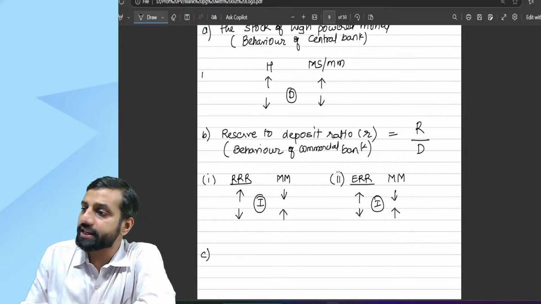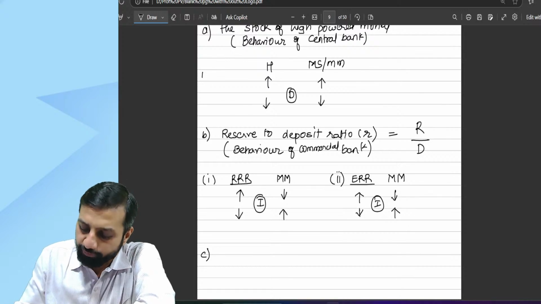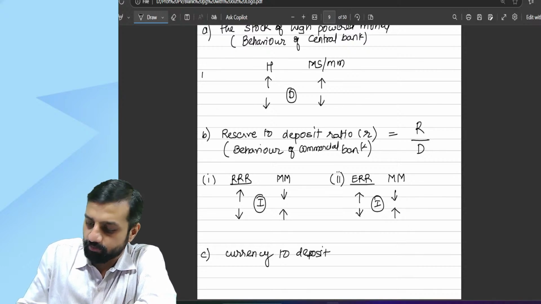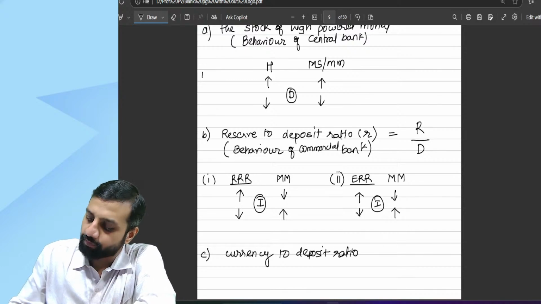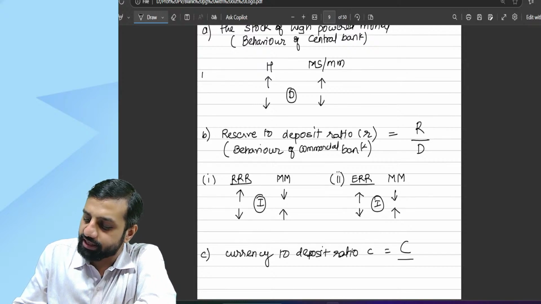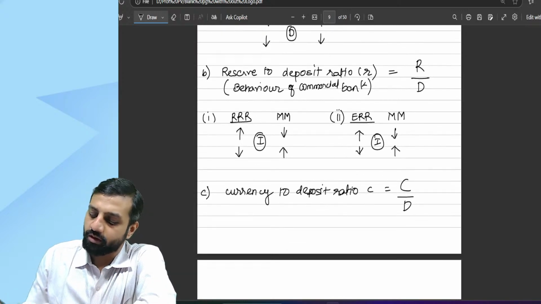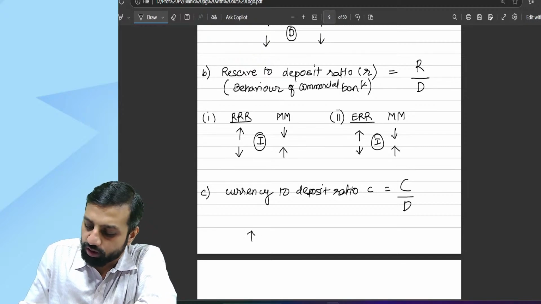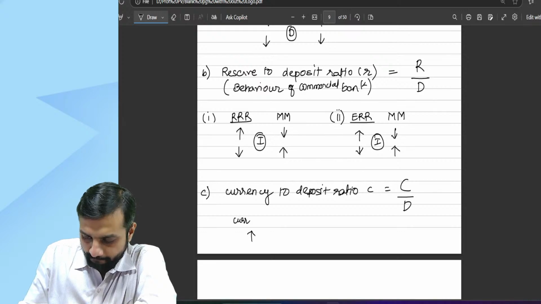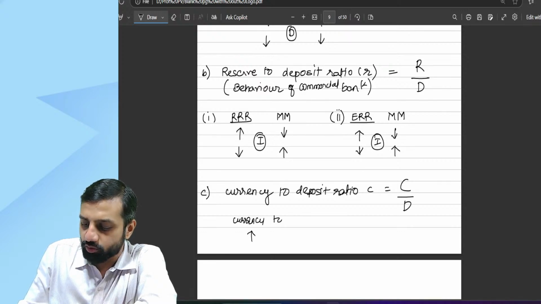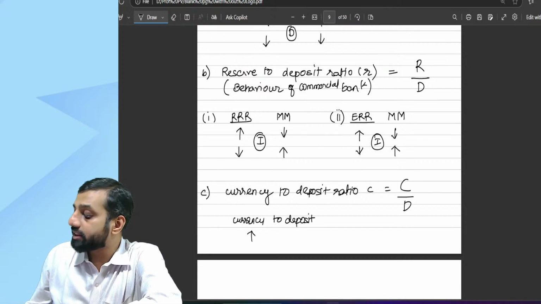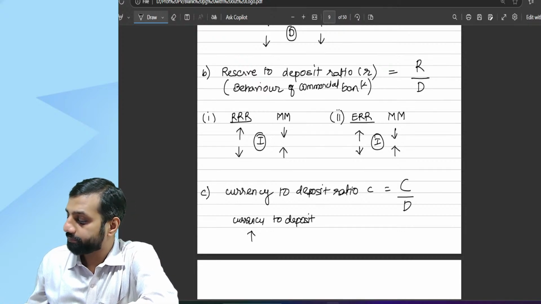Then the third part is by the name of currency to deposit ratio, which is C upon D. So if currency held by the public is more, people are keeping more money with themselves in the form of currency.